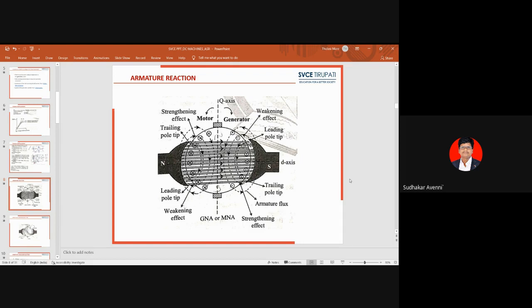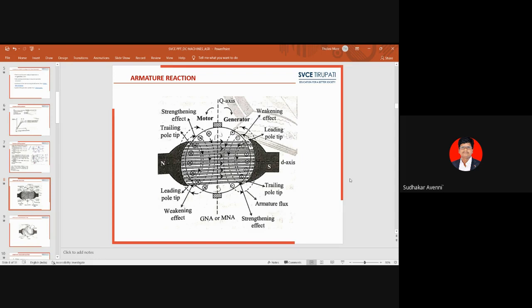The strengthening effect is not equal to the weakening effect. Because of this reduced strengthening effect, there is a reduction in main field flux. That is nothing but the demagnetization effect. So in a generator, the demagnetization effect takes place at the trailing pole tip.